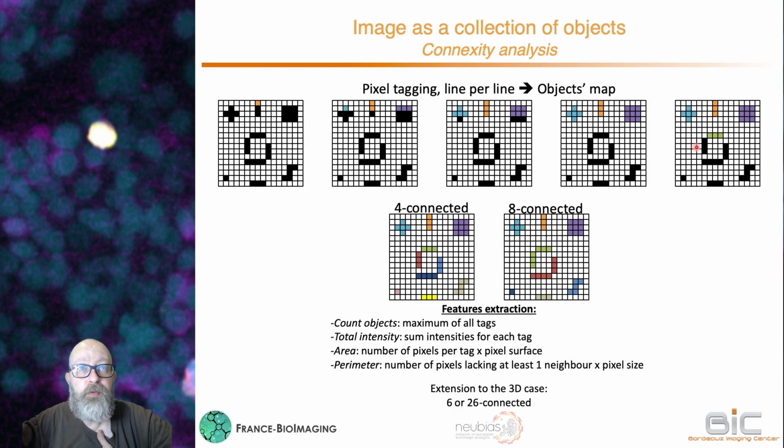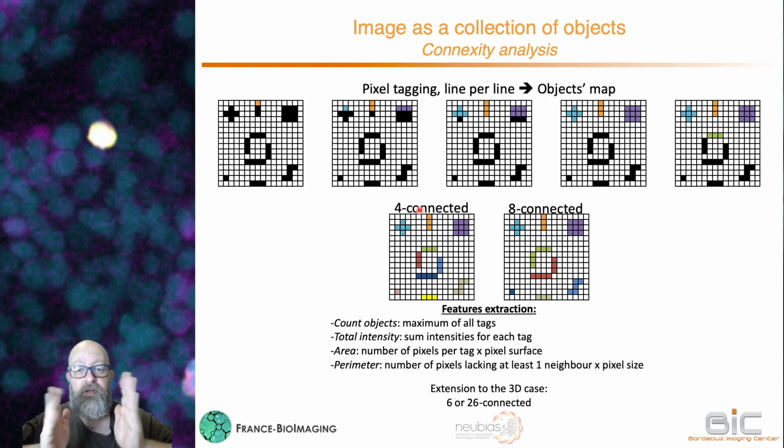However, depending on the software you are using, at least in 2D, two rules may apply: the 4-connected rule or the 8-connected rule. In the 4-connected rule, you consider two pixels to be connected only by one of their 4 sides.